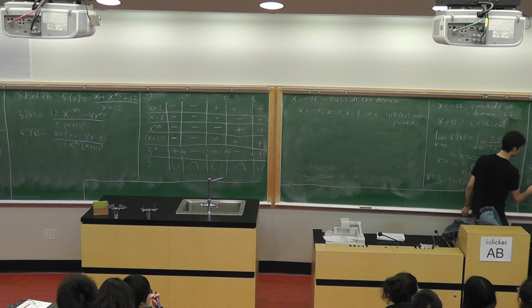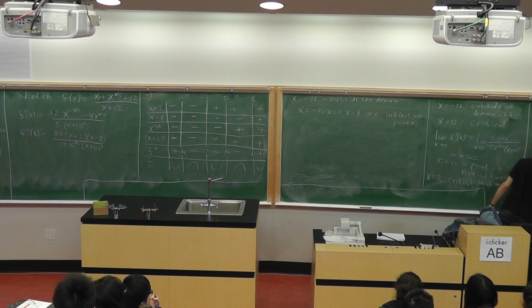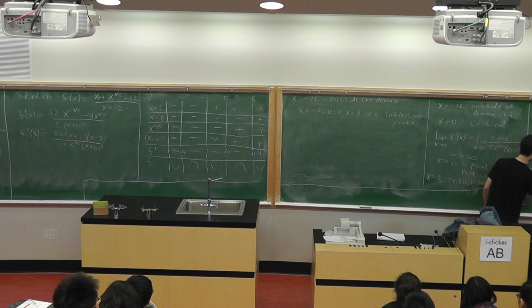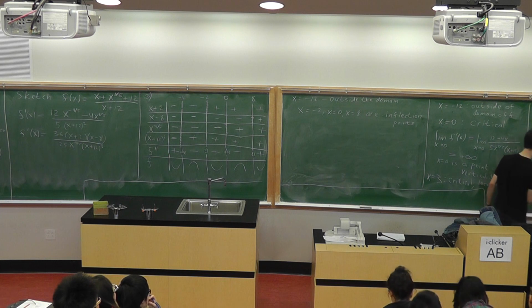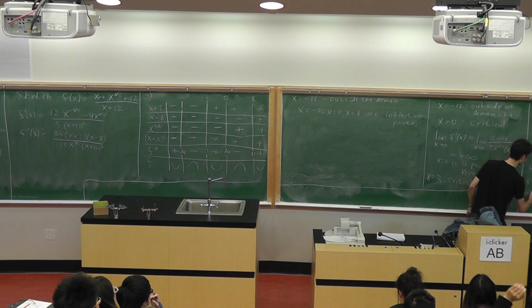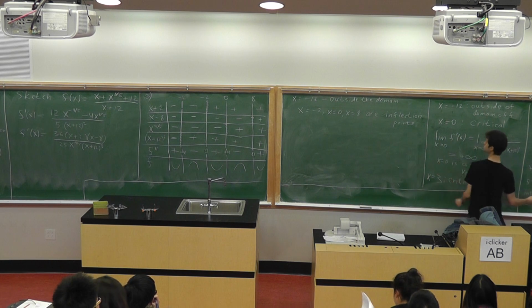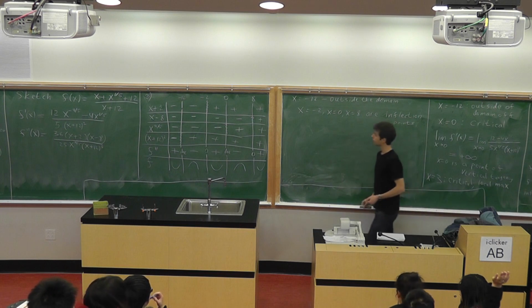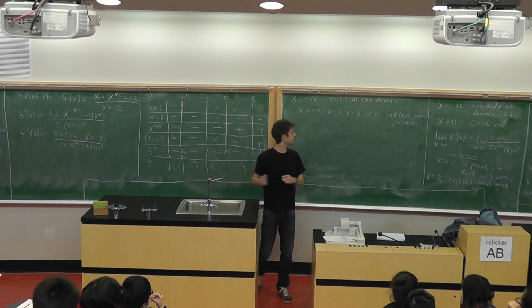Sorry, f is concave down on minus 12 to minus 2, and 0 to 8. And the inflection points are x equal to minus 2, 8, 0. That's what I found out from the second derivative.